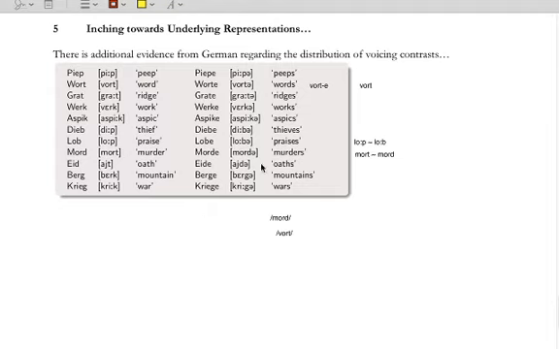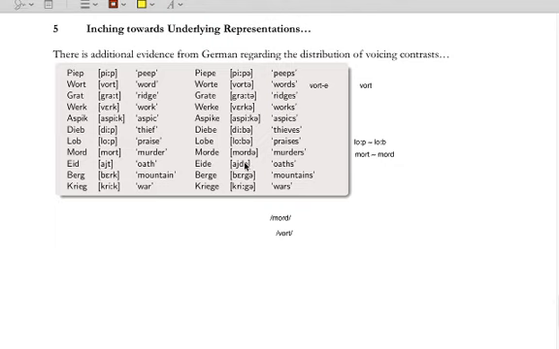In particular, if you have a rule that, say, changes a voiceless stop to voiced when it's in between a liquid and a schwa, for instance, you could get mort to turn into mod in this context, but it would fail for word, because you would predict if that rule is part of German, you should voice here as well. Instead, what we find is that voicing is fundamentally unpredictable in this pre-vocalic context.